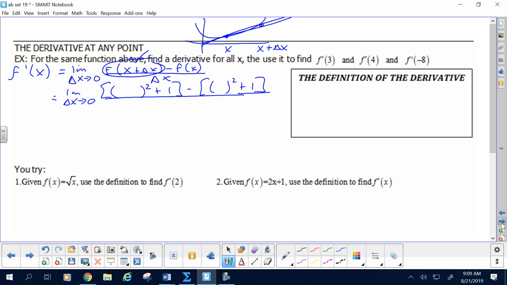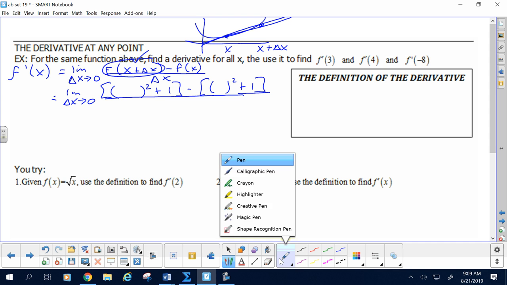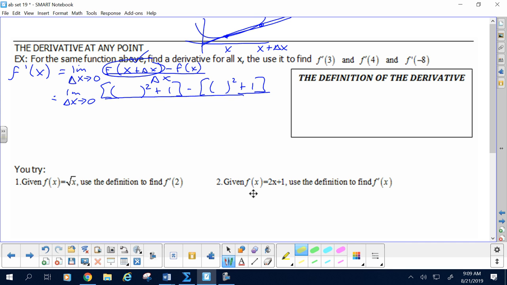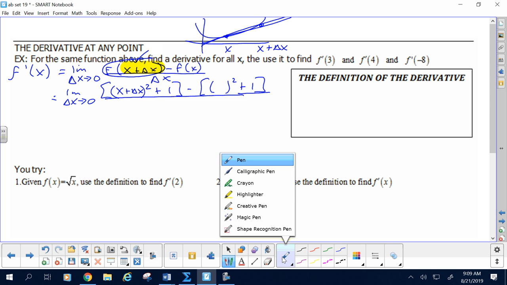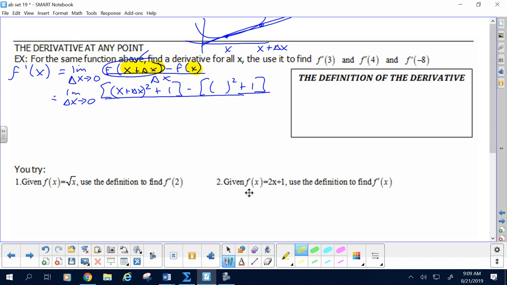The second one is also something squared plus 1, and the inside tells me what to put in. So what do I put in the first case? X plus delta x. And in the second case? Just a plain old x. In the bottom there isn't really anything going into the function, it's just delta x.